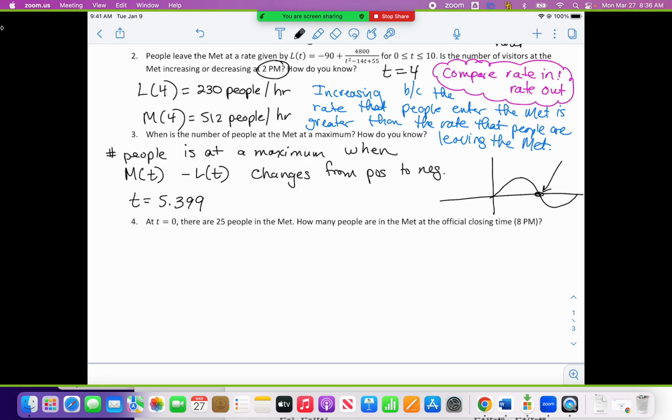All right, questions? Are we getting it on the calculator? It's really important that we get comfortable and confident with using the graphing calculator.